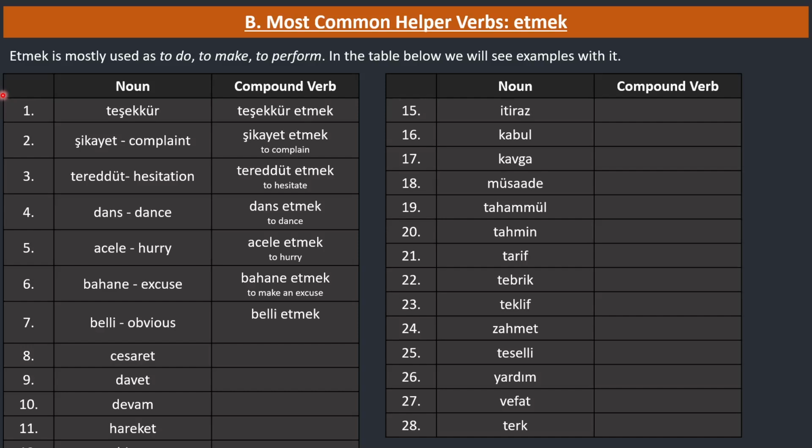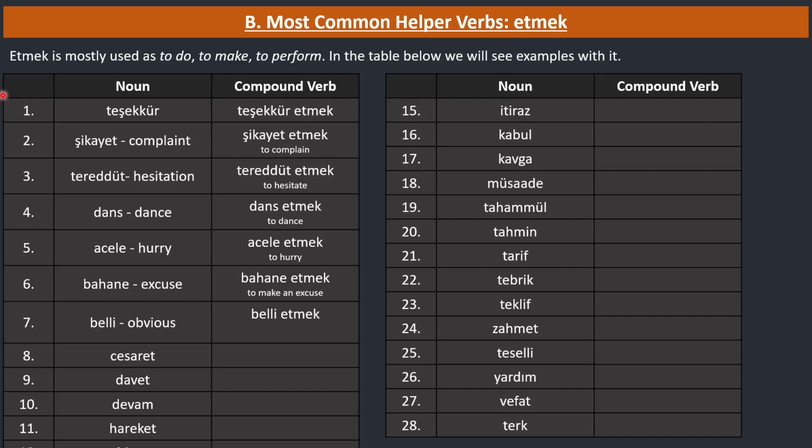Mr. Obvious, Kaptan Belli. Güzel. For example, I'm sure you all remember, or at least have played this Among Us game. So there's one imposter. They need to lie and pretend to be innocent, but sometimes some of their behavior give it away. They make it obvious.